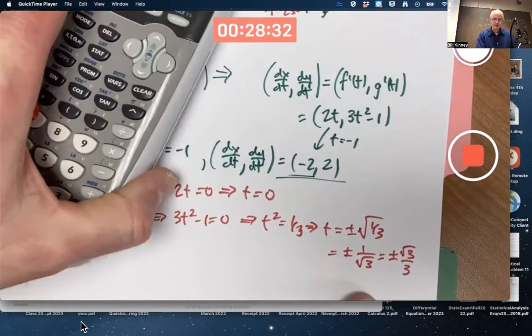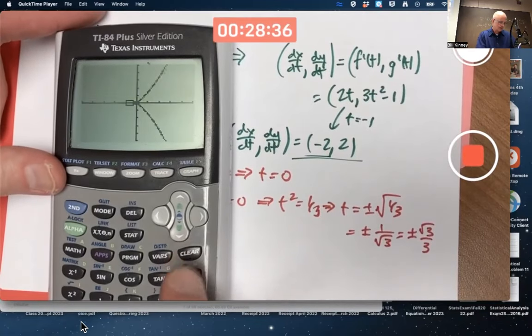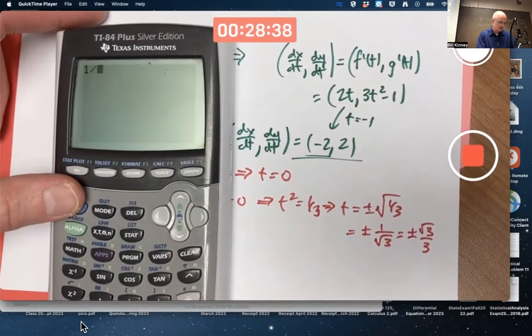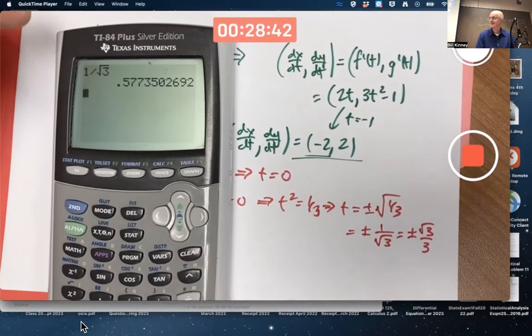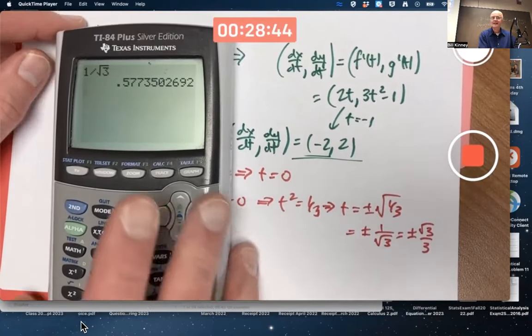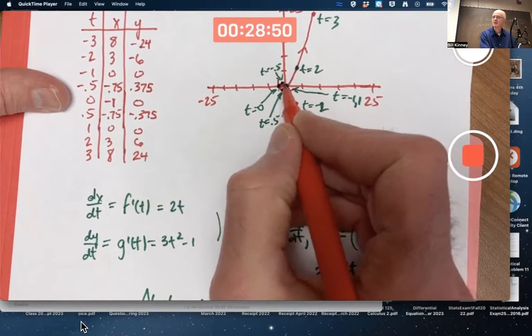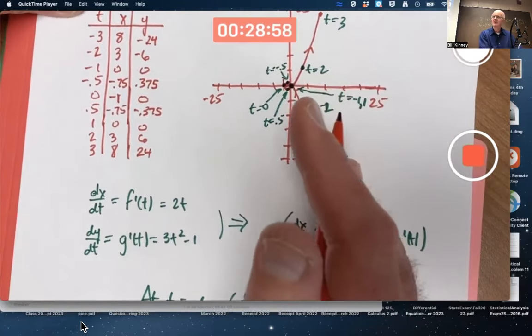Because this is not plus or minus 0.5. About plus or minus 0.58 is where the tangent is horizontal. Close to plus or minus 0.5. So I can figure out where the tangent is vertical and horizontal.